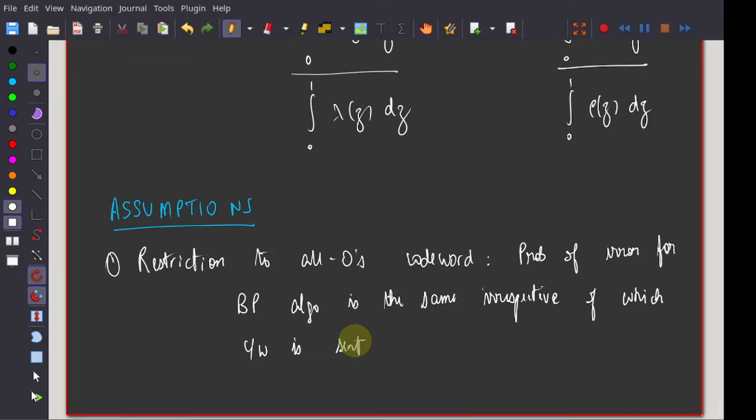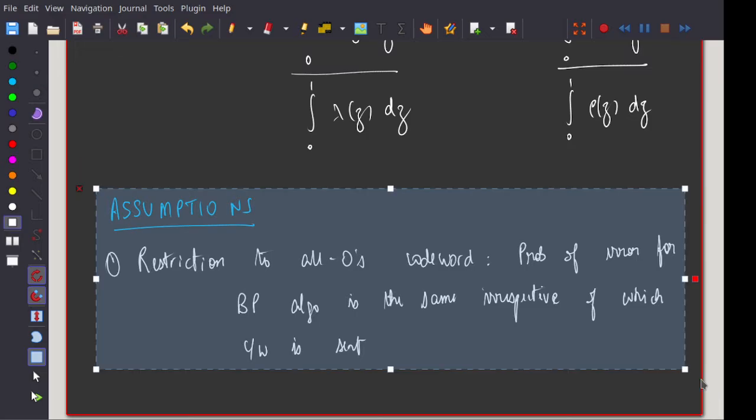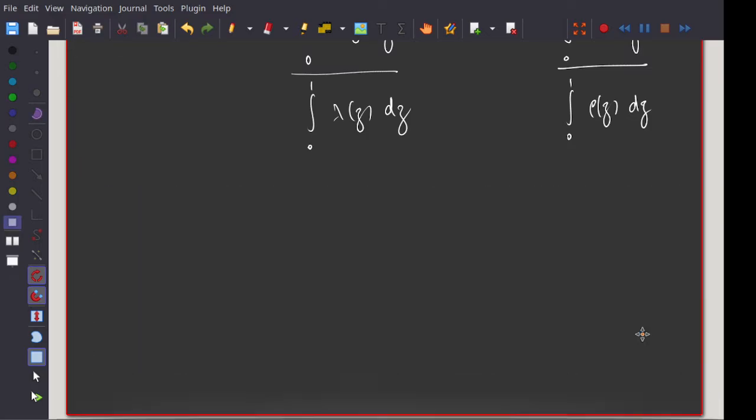And the second assumption or simplification that we will make is the following.